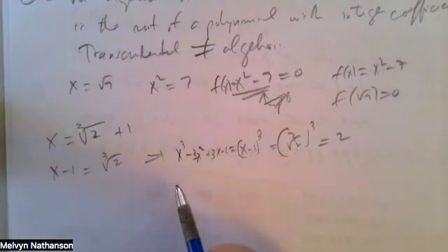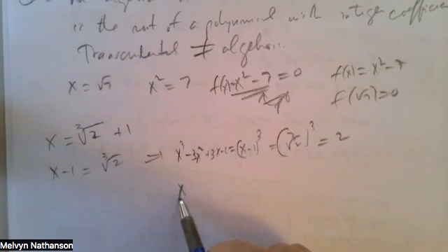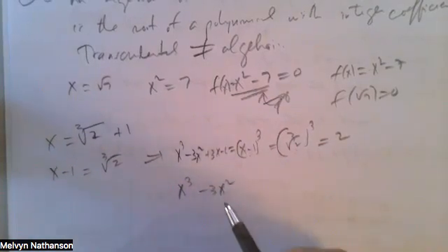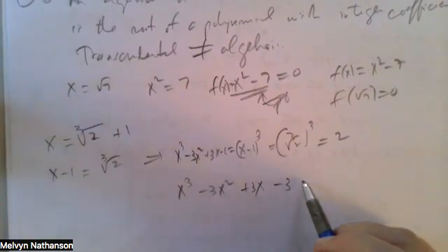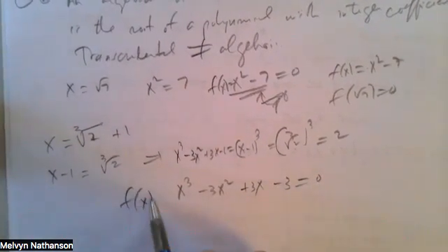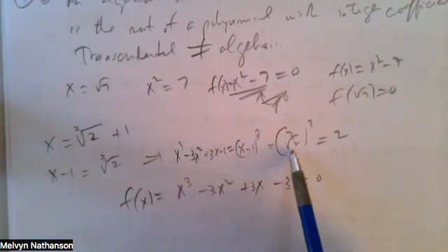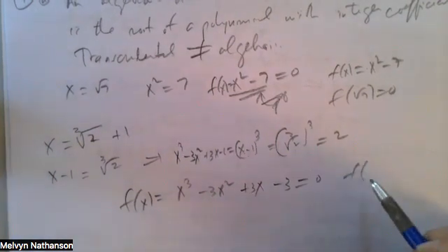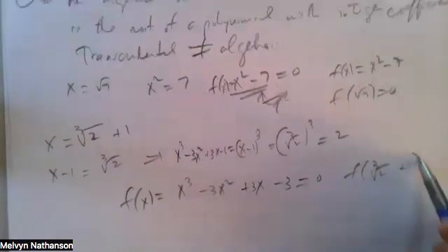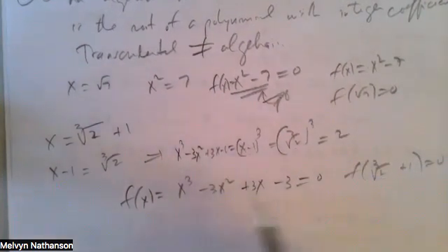So if I bring this to the other side, x cubed minus 3x squared plus 3x minus 3 equals 0. So this is a polynomial for which the cube root of 2 plus 1 is a root. So f of the cube root of 2 plus 1 is 0. So this is a root of this polynomial of degree 3.